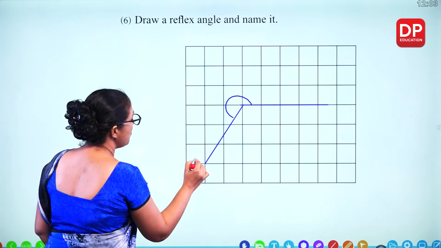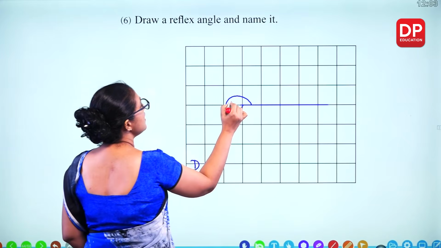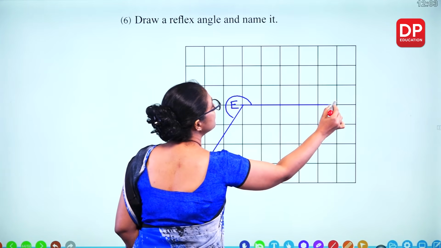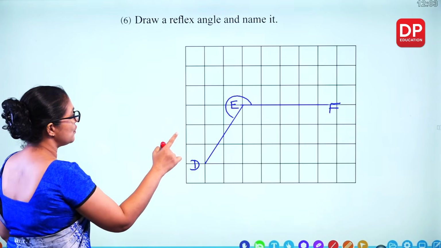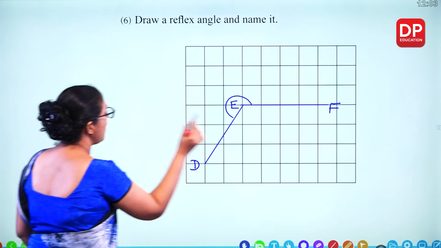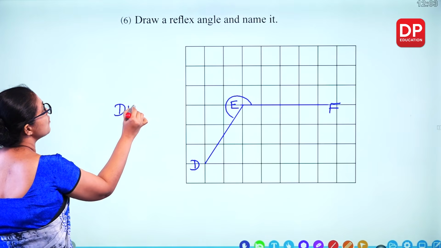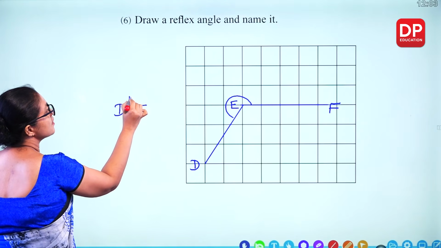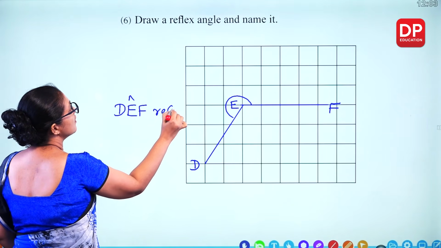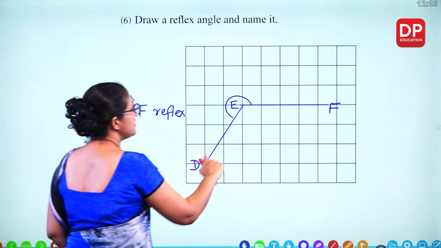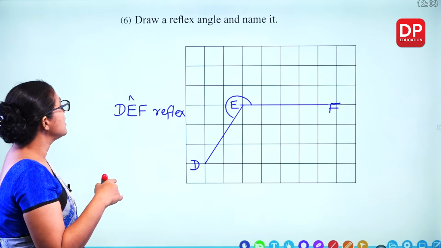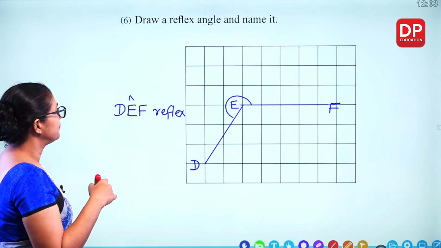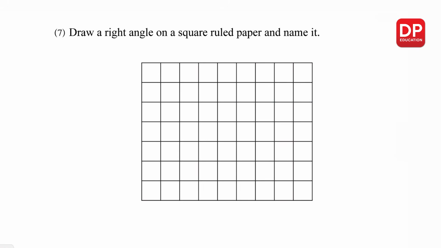I can label it as D, E, F. So I can write DEF, but I have to write reflex. Otherwise, you can get DEF, this angle as well, an obtuse angle as well. So DEF, reflex.